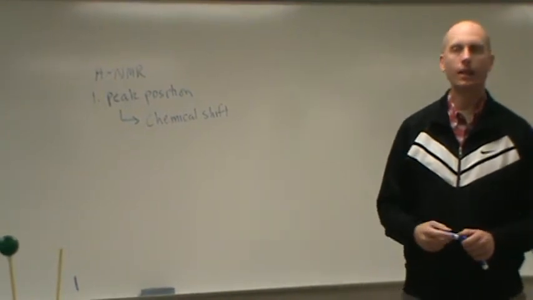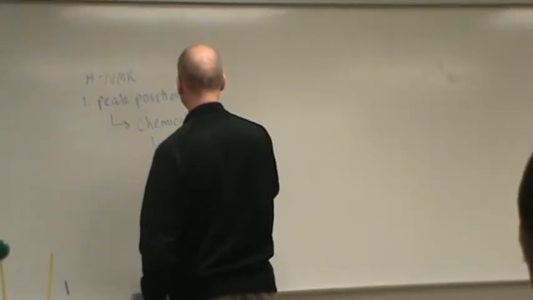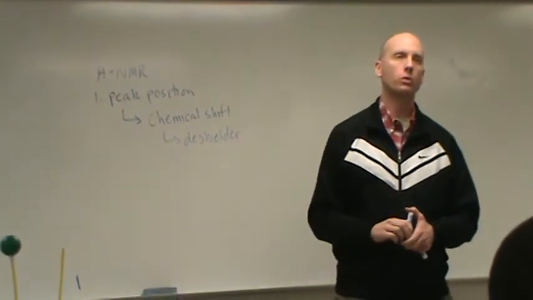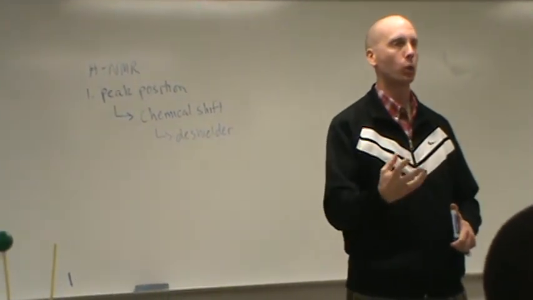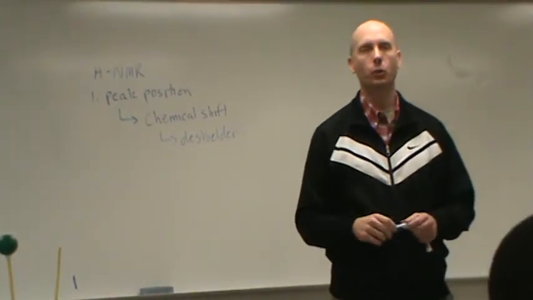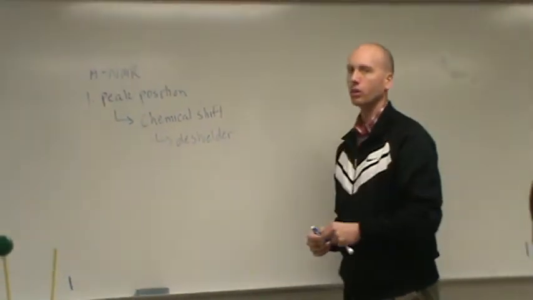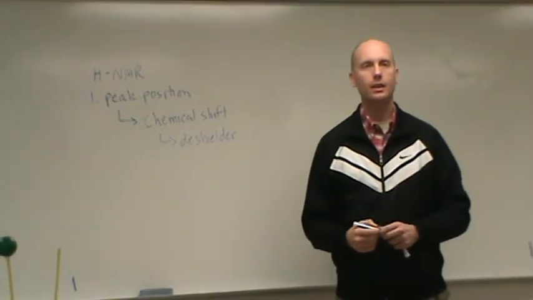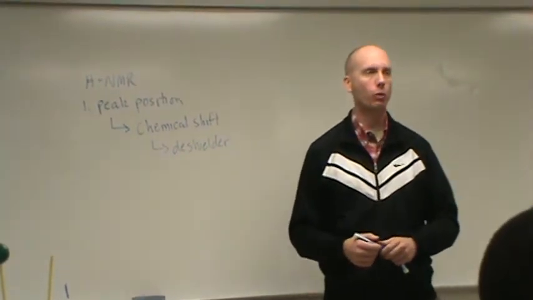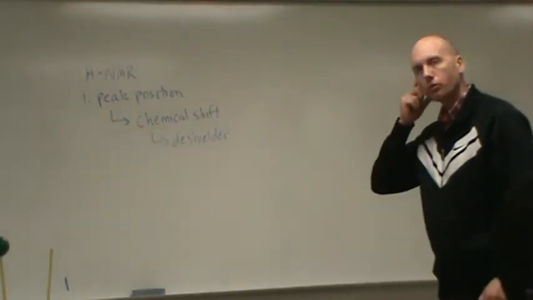A de-shielder, which we saw was typically an electronegative atom, like chlorine or oxygen, fluorine, and so on. But we're going to learn more de-shielders later on. The closer it was to the de-shielder, the more downfield, or further away from zero, the peak showed up. So this was the first rule that we learned.